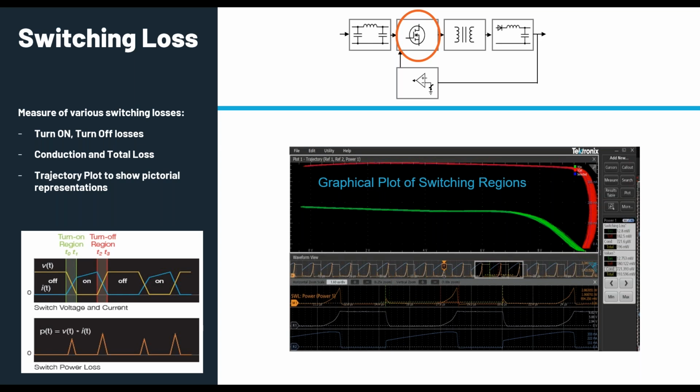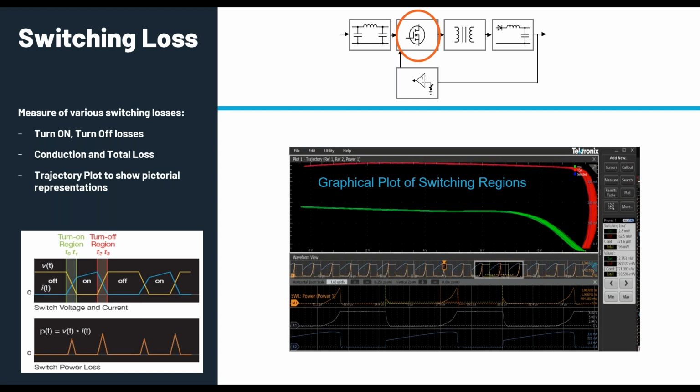Today's modern devices are very efficient. We are looking at efficiency of more than 90%, and these losses are very low, especially for higher switching speeds. Again, measuring these very small losses is not very easy.